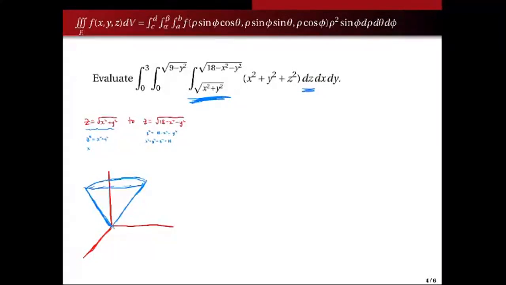And then this part here, part of a sphere. So suppose this is of radius square root of 18. That's 3 square root of 2. So say this is that part, this part here.